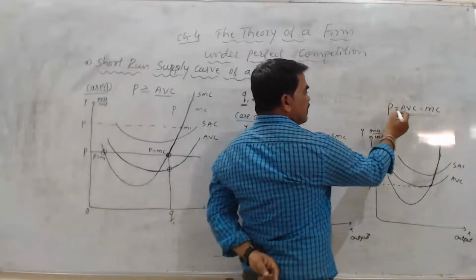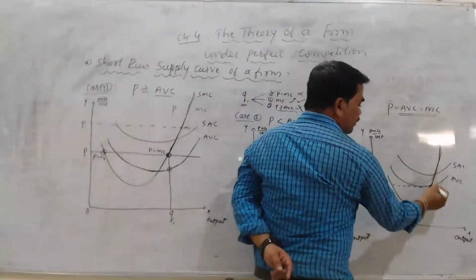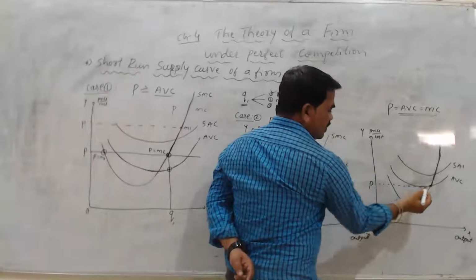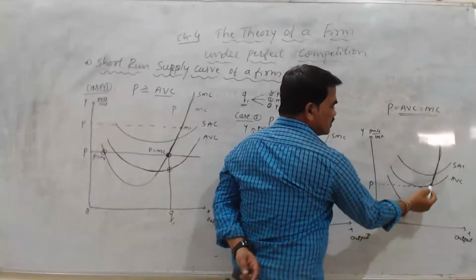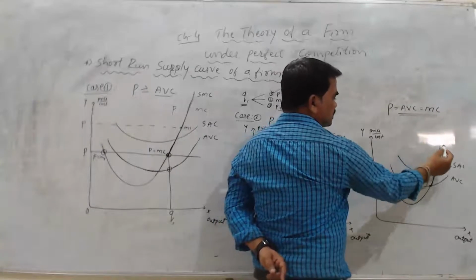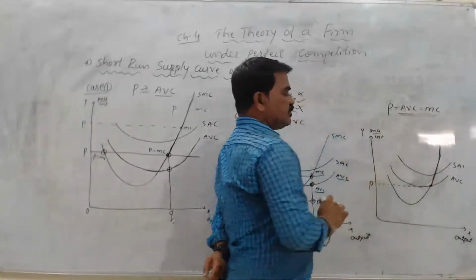This is the point where price is equal to average variable cost and marginal cost. At this point all three are equal.